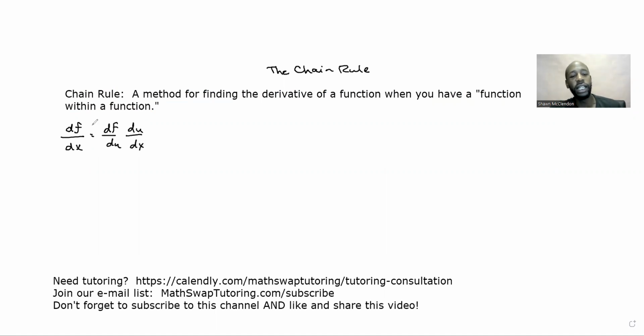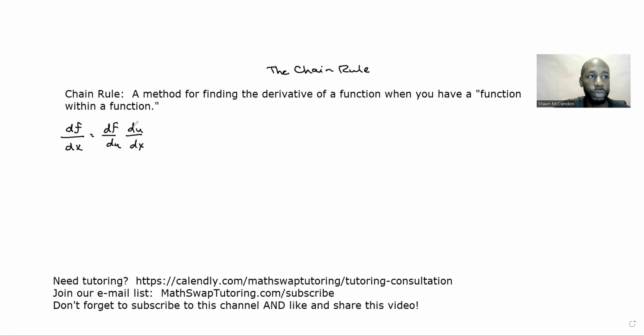Basically what this is saying is, you have some function f, but the function has a function on the inside of it, u. And so to find the derivative of f with respect to the variable x, which is associated with function u, you take the derivative of the outside function, df/du, times the derivative du/dx.